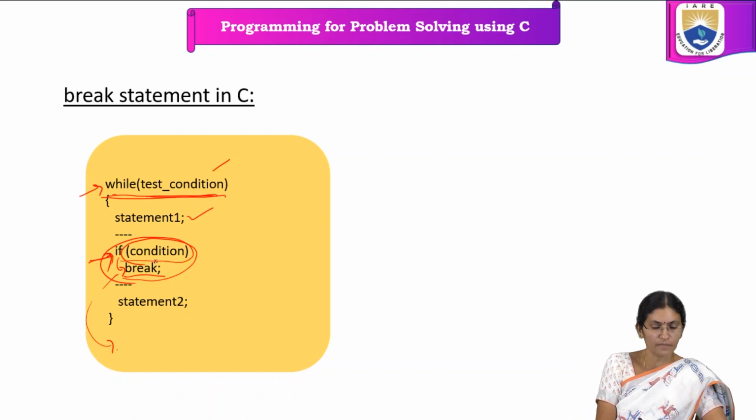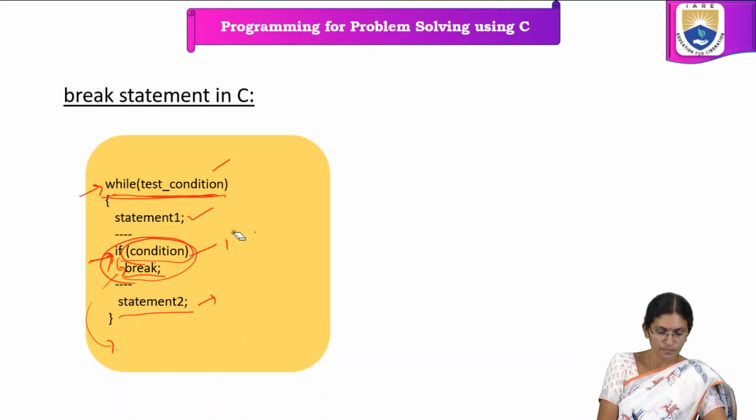If this condition is satisfied, the control goes to break. If this condition is not satisfied, or evaluates to false, then these statements will be executed and the loop will repeat. Once this condition becomes true, we can see the flow in this way. The control is transferred in this way.